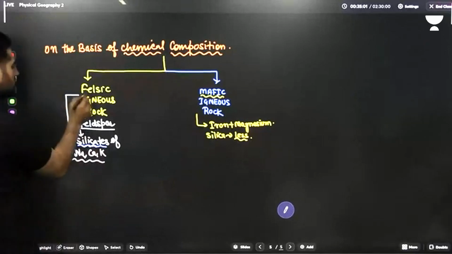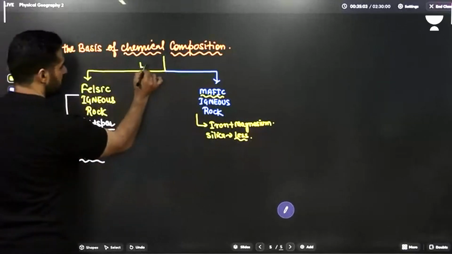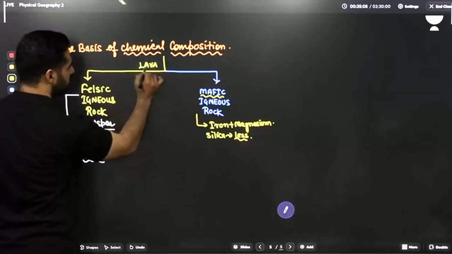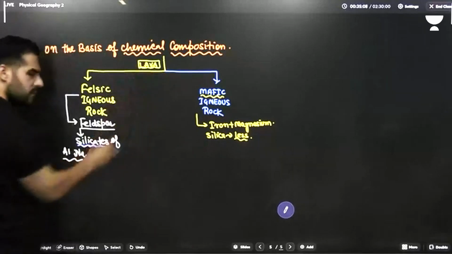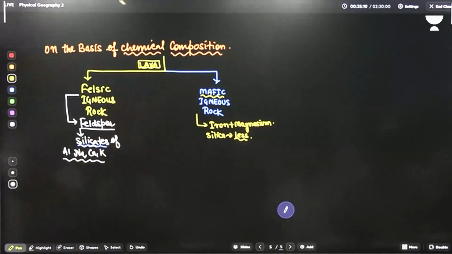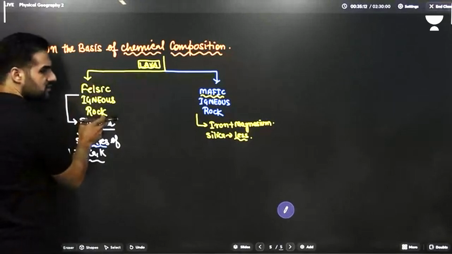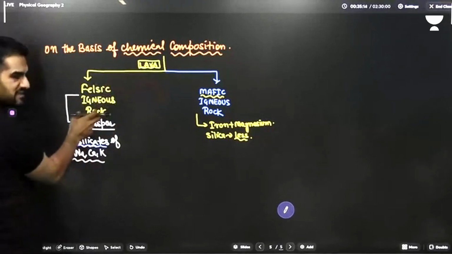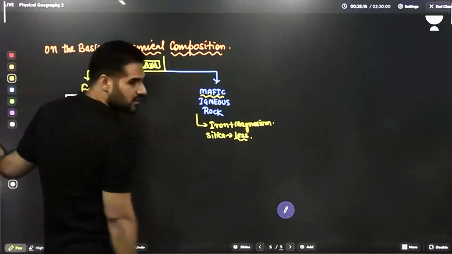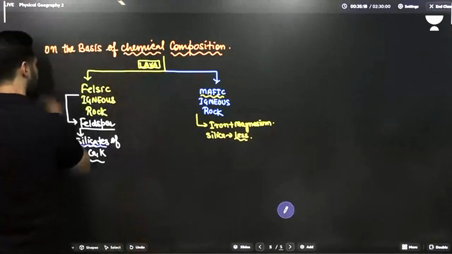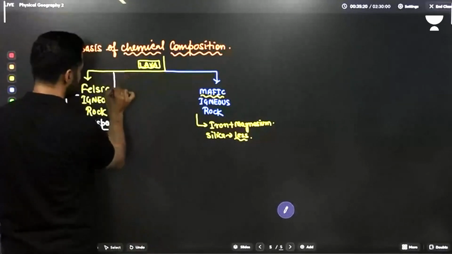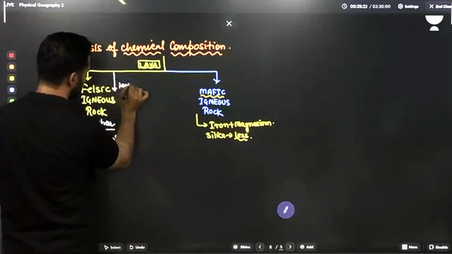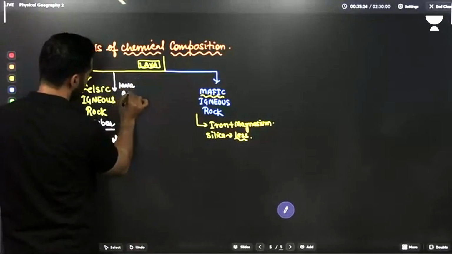This lava is basically what we are considering here. There are two types of rocks; on what basis are they formed? On the basis of lava differences. Now, one is felsic igneous rock. It means one lava is making felsic igneous rock, another lava is making mafic igneous rock. The lava which makes felsic igneous rock, what do we call that lava?